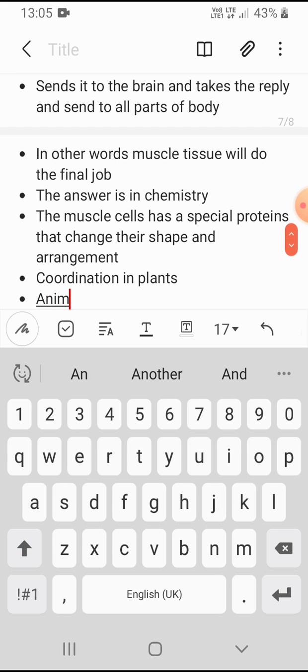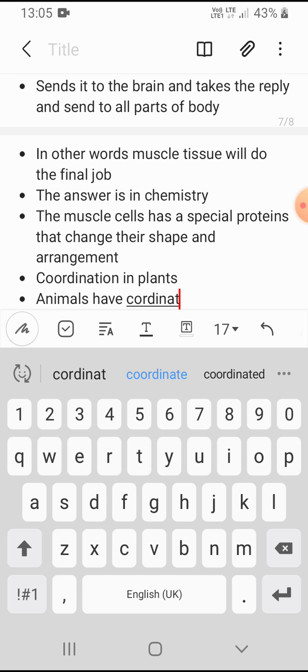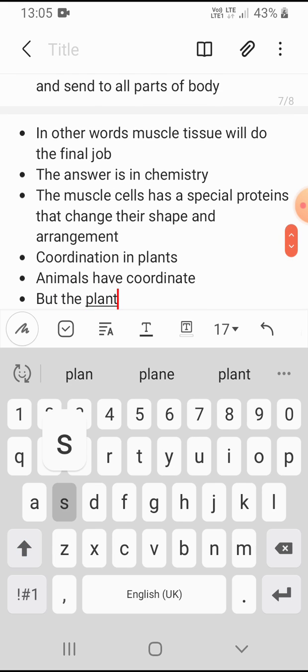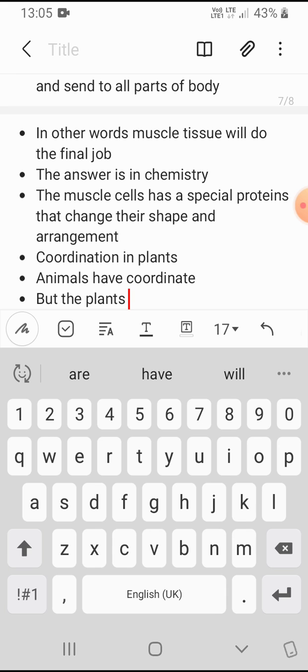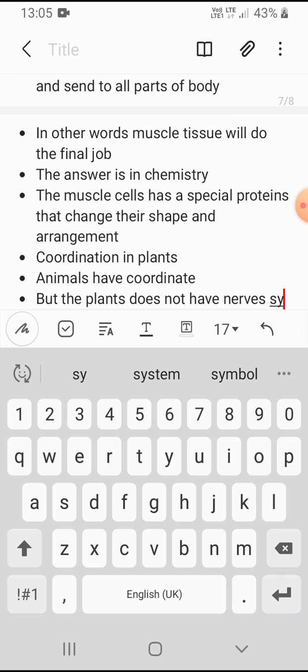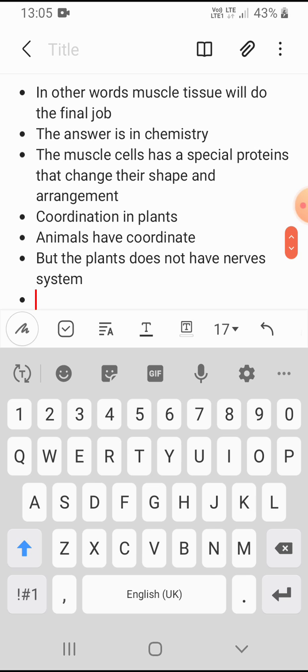Animals have coordination through the nervous system, but plants do not have a nervous system.